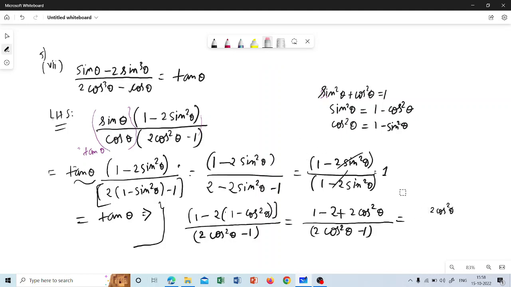So if I write that, it will be 2 cos square theta minus 1, and then cos square theta minus 1.